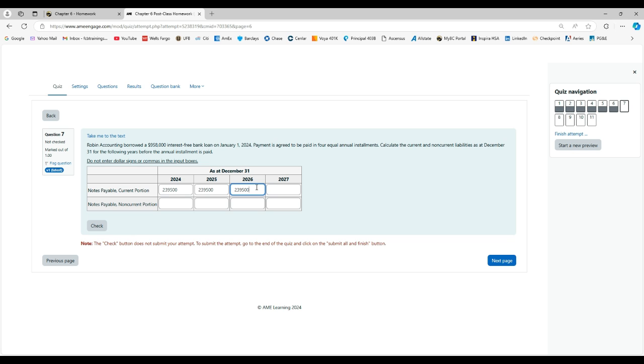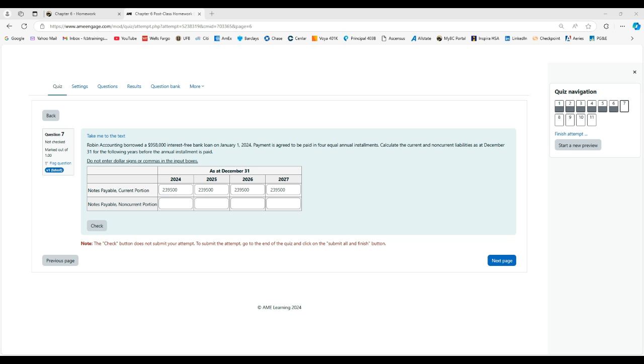But I think the last year would be 0 because we did repay the whole thing by then, and there's no future payment due beyond. Or let me think about this. This was 1 payment, 2 payments. So let's just try it. It's a little bit confusing with their wording, but let's see how this works.